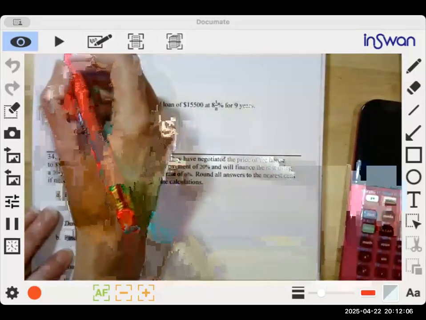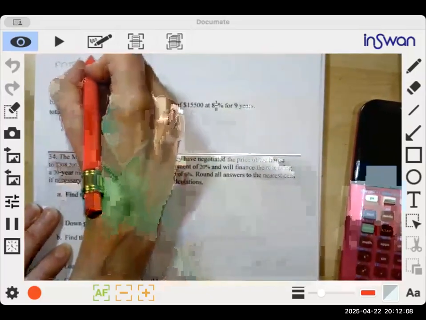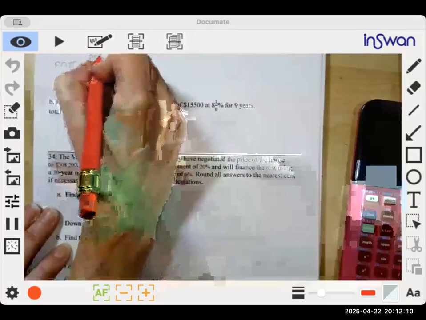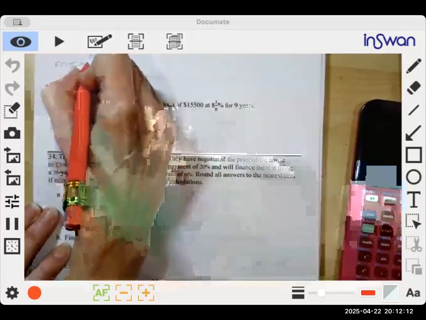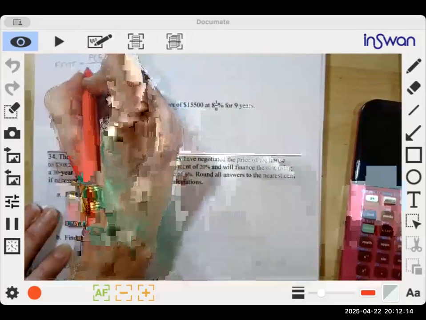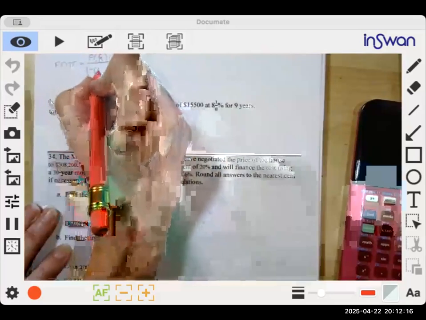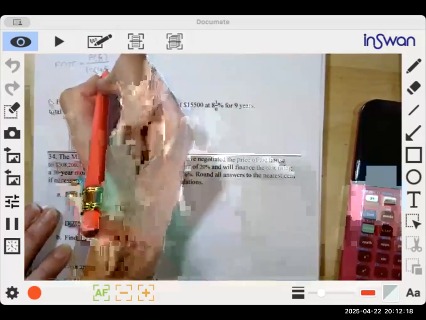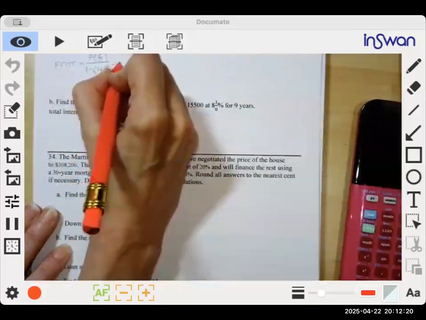So PMT equals our principal times the rate over N, over 1 minus 1 plus R over N to the negative NT.